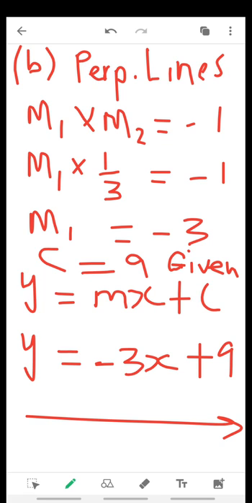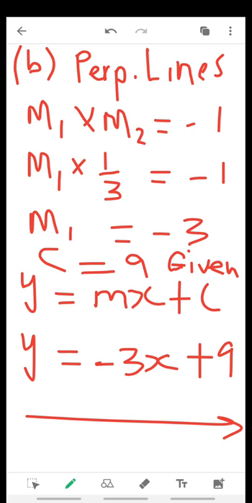And this will all be equal to minus 1. Then, how do you find M1? We divide both sides by 1 over 3, or we multiply both sides by 3. And we are getting the answer, minus 3. This is the gradient of the straight line that we are looking for. What is C? C is 9. How do we know? It was given.